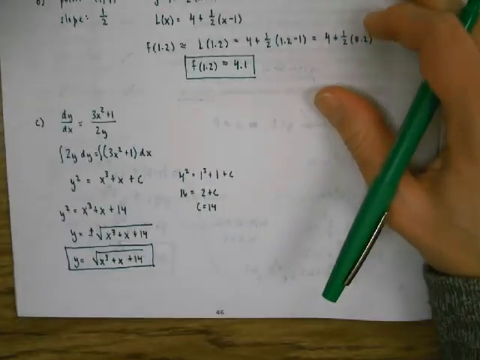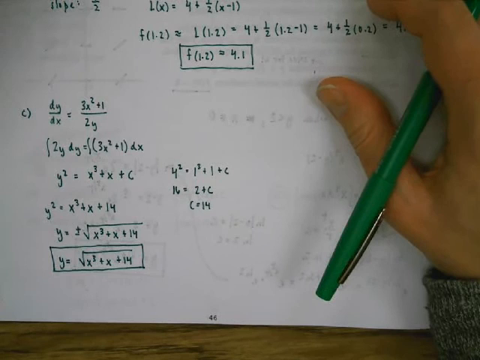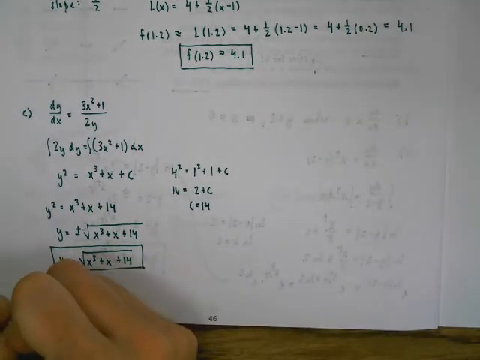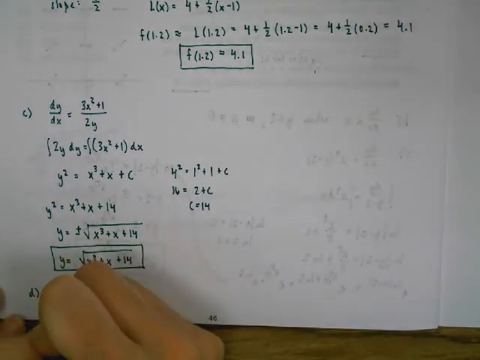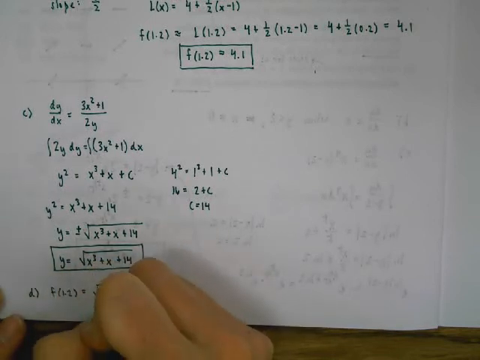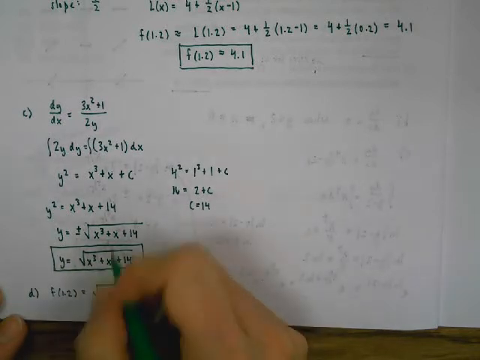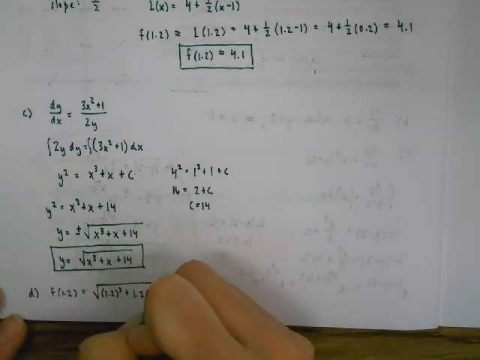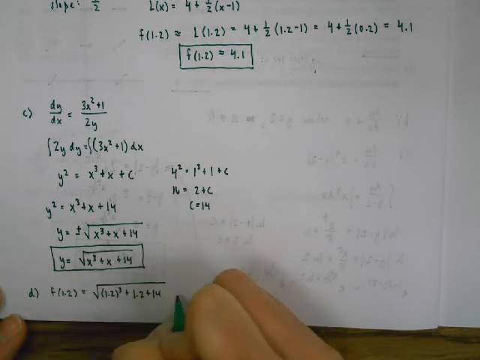Last piece here, it wants us to find f of 1.2. Now, this is the actual curve. So to find f of 1.2, we're just plugging in here. And this gives us the actual function value. So I have 1.2 cubed plus 1.2 plus 14.